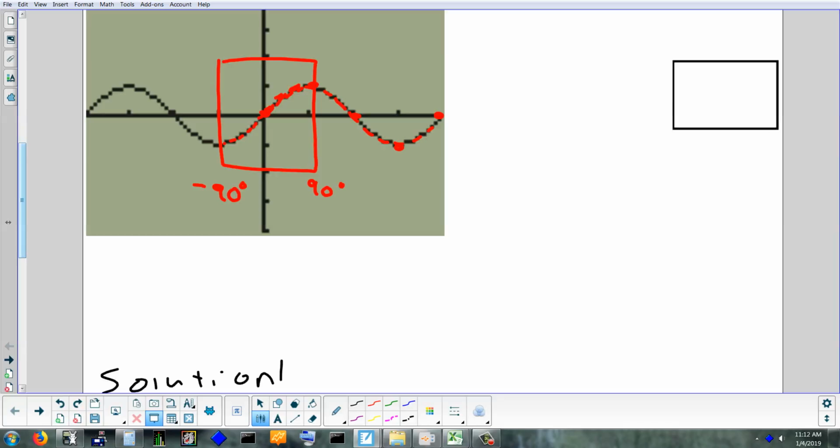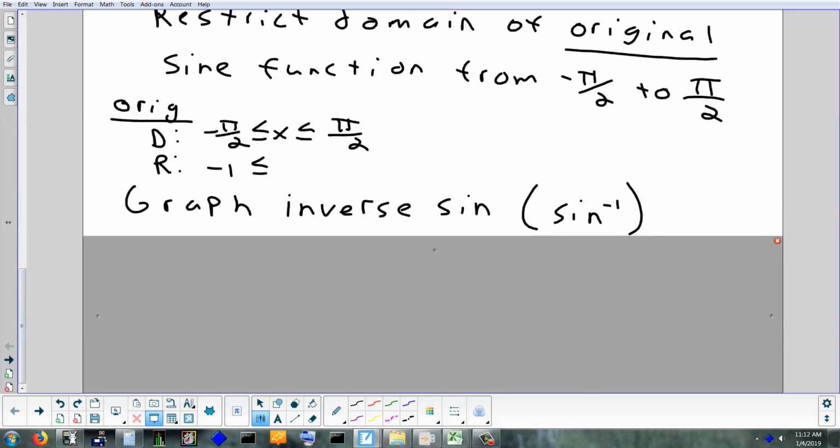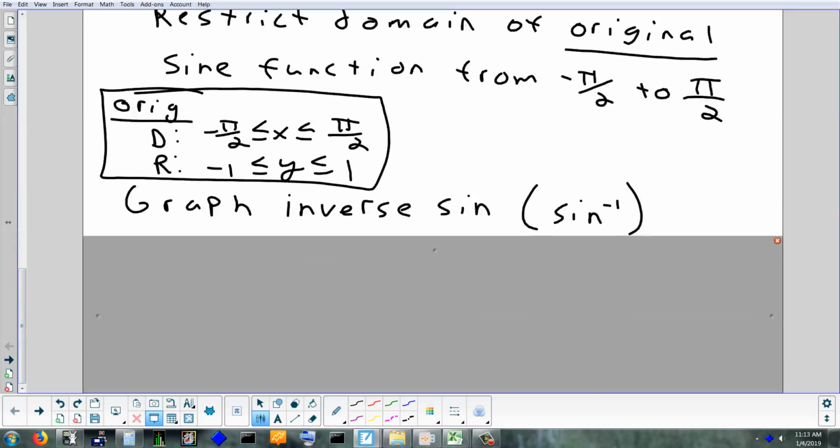Remember, these are going by ones. The x-axis is going by 90s if you want to think of it in degrees. So -90 to 90 in degrees on the x, and +1 to -1 on the y. So that's your range, from the original sine function.